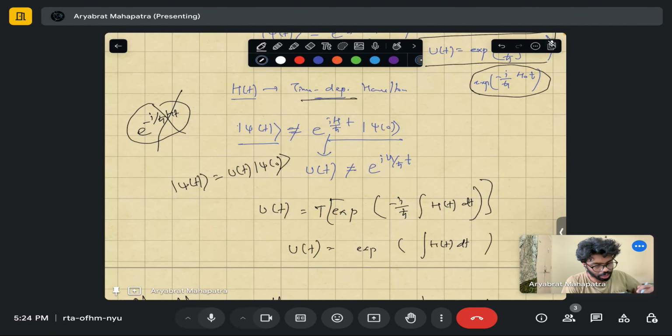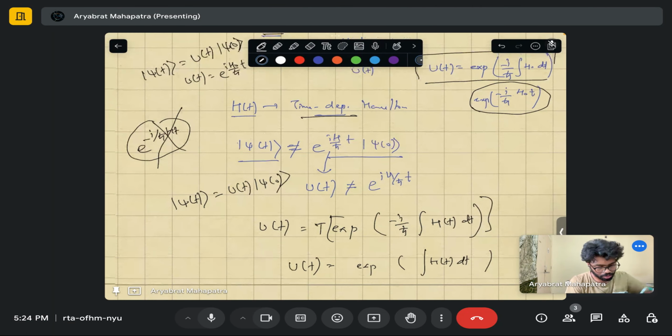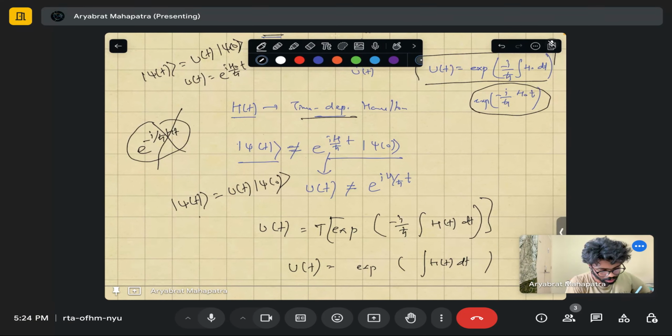But when you have a time independent Hamiltonian, you can just simply write psi of t equal to U of t psi 0, where U of t is for your time independent Hamiltonian. But that you cannot write here. I mean, you have to use this U of t.